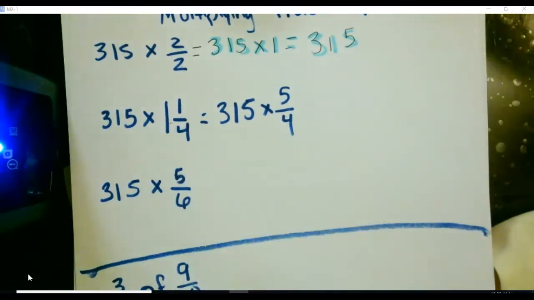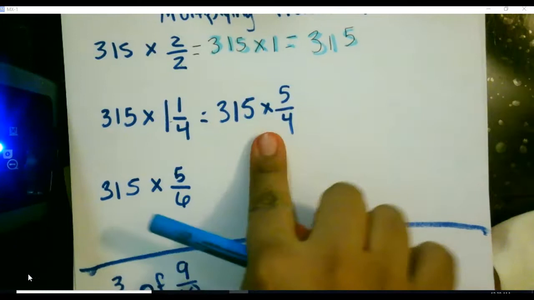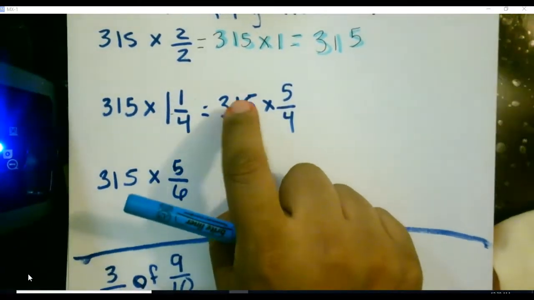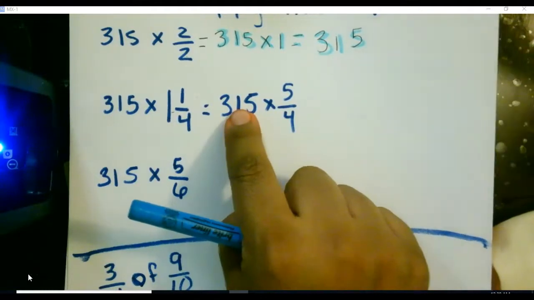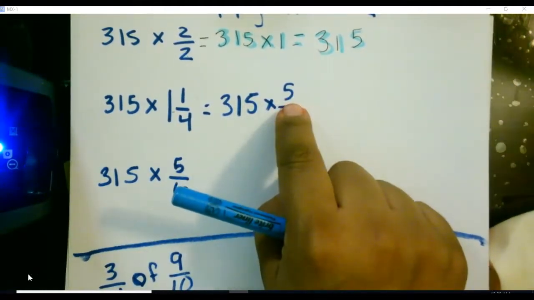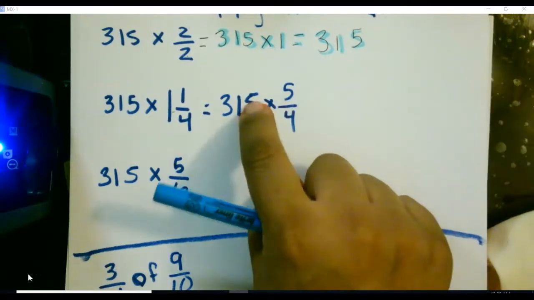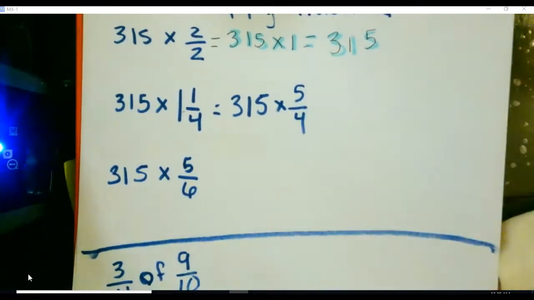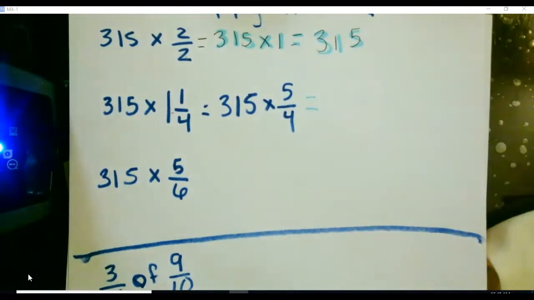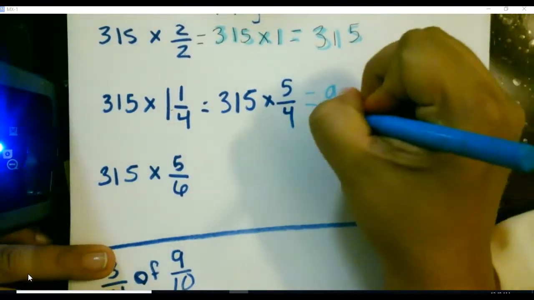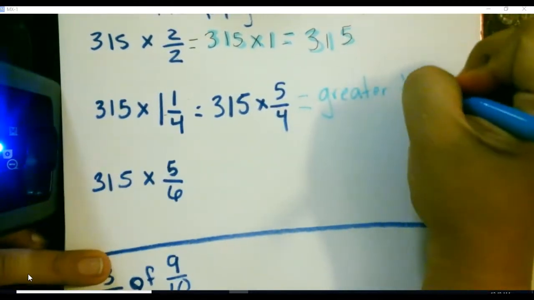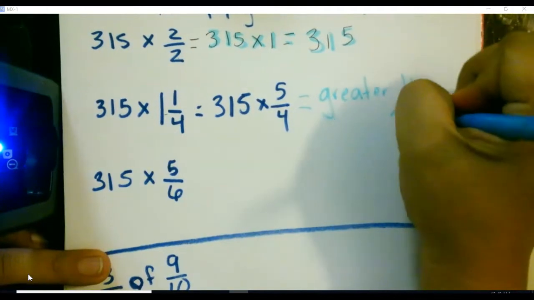Now here's where this is important for you to understand. If you're multiplying a number with a fraction that is greater than 1, well, you know for sure that your product is going to be a number greater than 315.